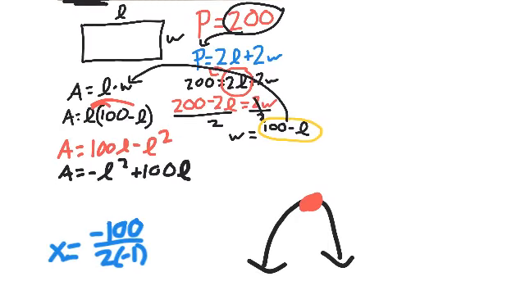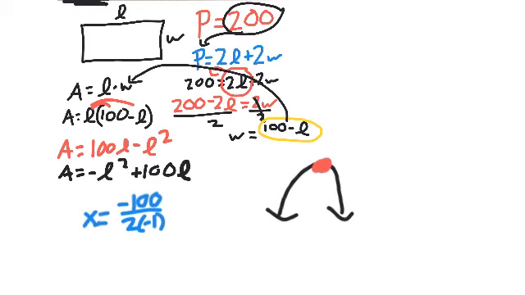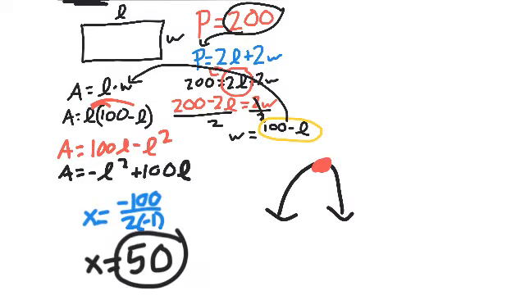So that's negative 100 divided by negative 2, which is 50. And so in this case, my x value is the length. So I know that the length of this rectangle needs to be 50 units.